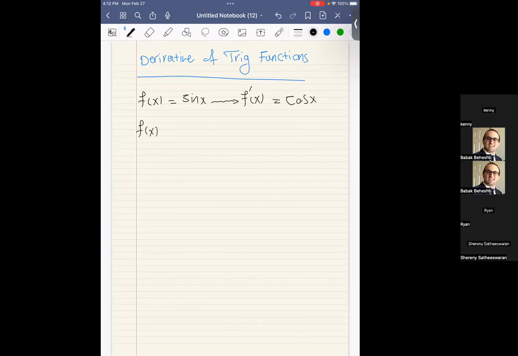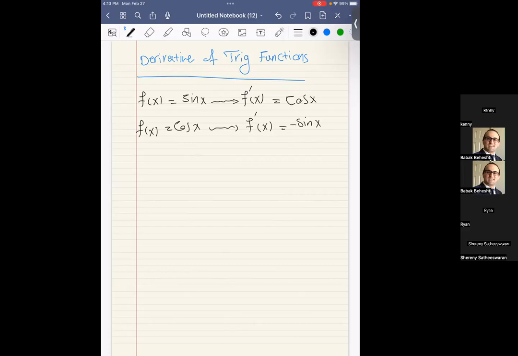The derivative of cos x is minus sine x. So we accept as a fact that the derivative of sine function is cos and the derivative of cosine is minus sine. Okay.